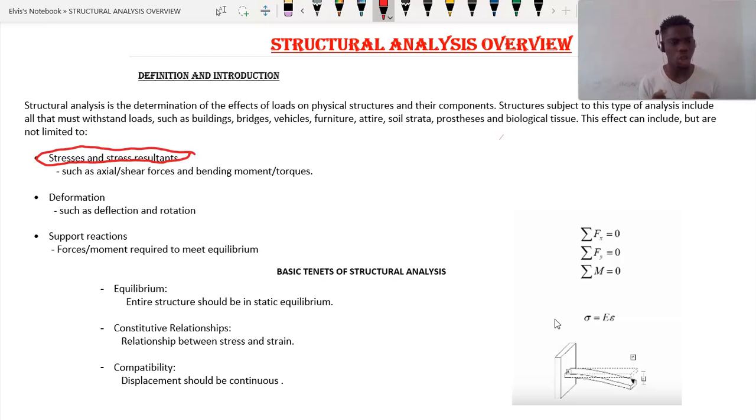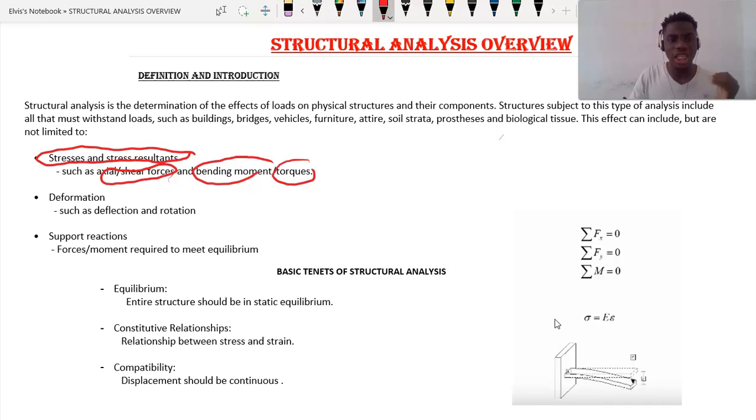So the structure is going to be stressed. Okay, we are going to have something like axial or shear forces, and we're also going to have a bending moment or torque. Okay, because these structures are experiencing load. So what do you expect, guys? This structure is going to be stressed. Okay, so we're going to have axial or shear forces or bending moment and torque.